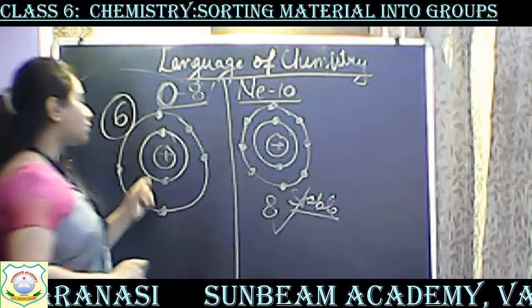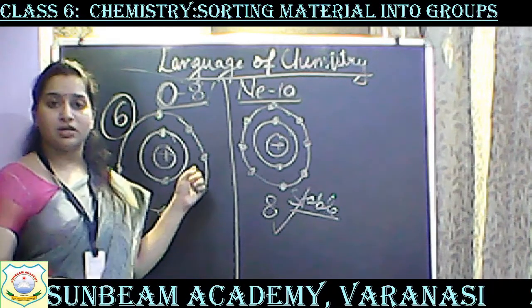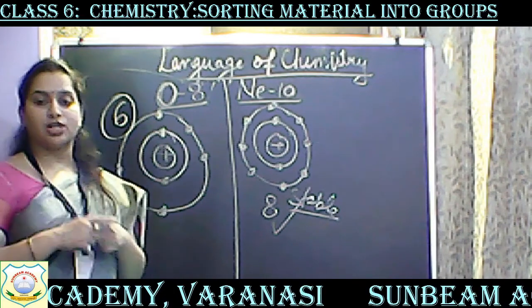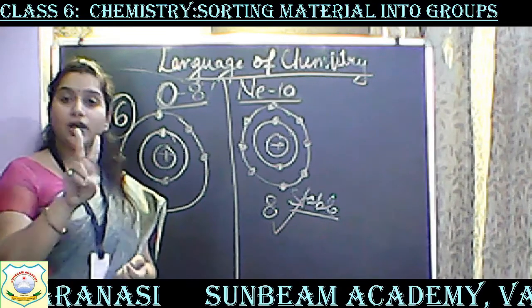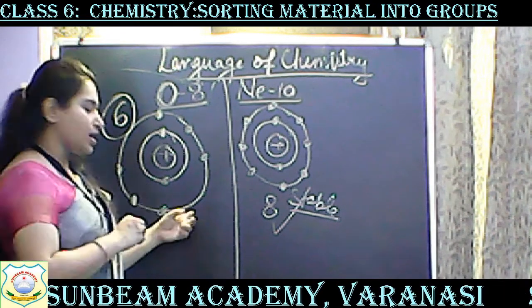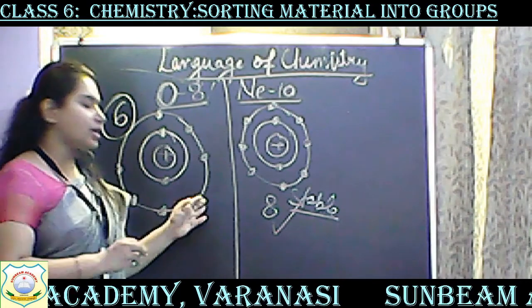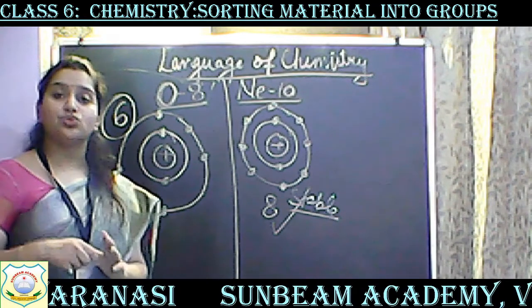Now coming on to oxygen. How many electrons are in the outermost shell of oxygen? 6 electrons. How many more electrons can be added to this outermost shell? 2 more electrons can be added, isn't it? It has 6, a maximum of 8 is possible, so we can also add 2 more electrons.